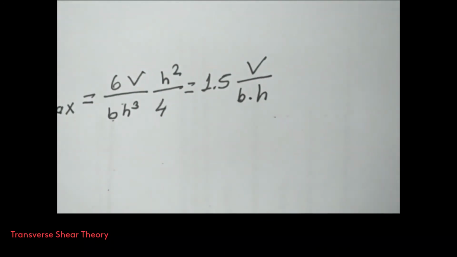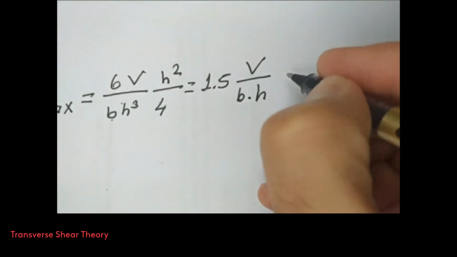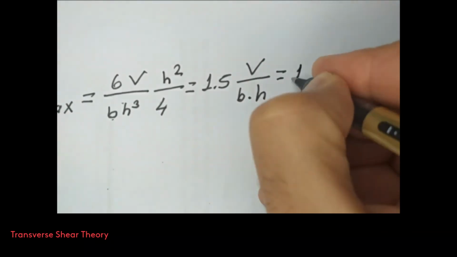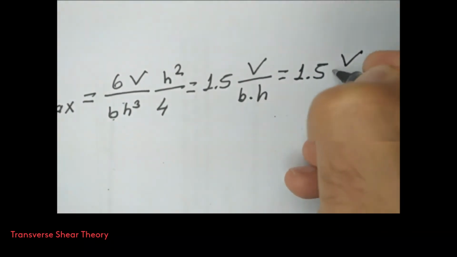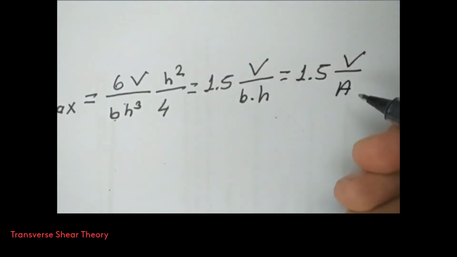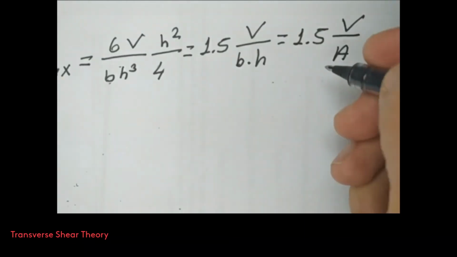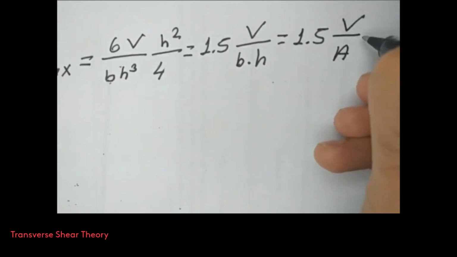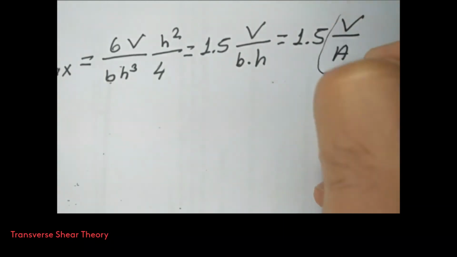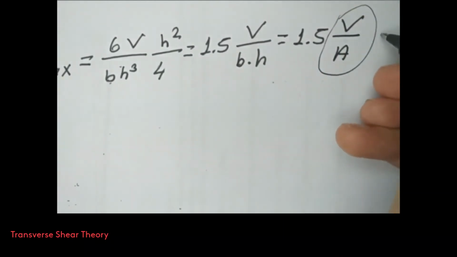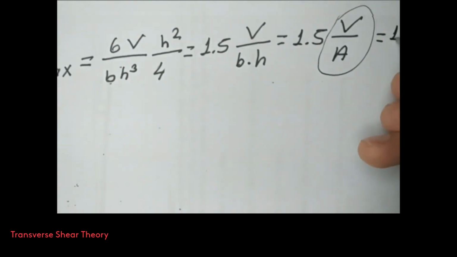Or in other words, this is 1.5 V divided by area, and this is nothing more than, since V divided by A is the average stress, 1.5 tau average.